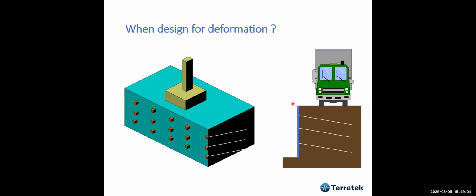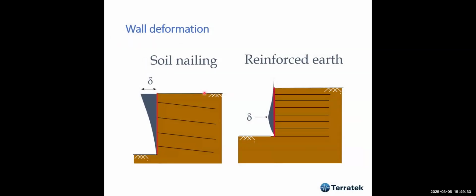Design for deformation. Sometimes you have a situation like this, which of course I have faced before. You have a shallow foundation or deep foundation close to a wall, or you have like the Tokepala wall, which I had to design for very, very big off-road lorries, and I had to consider that in the design because I had to consider the deformation.